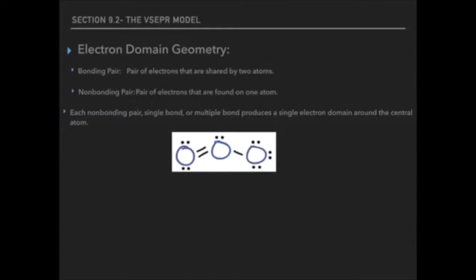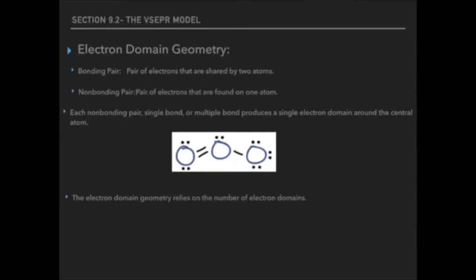So if you look at this example of ozone, notice on that central oxygen in the center, you've got a pair of non-bonding electrons, you've got a double bond, and you've got a single bond. And so since each of those represents one single electron domain, the number of electron domains you have there is 3. Now we're going to take that number of electron domains and we can use that to determine the electron domain geometry.